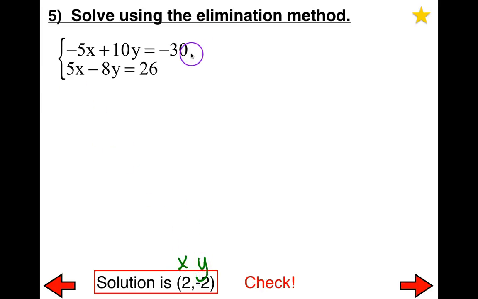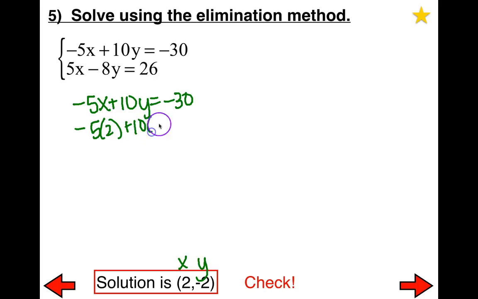So here, I'm just going to go ahead and first copy down the equation, -5x plus 10y equals -30. The x's are 2's, the y's are -2, and it's supposed to equal -30. So here, this is going to be -10. This would be a -20.